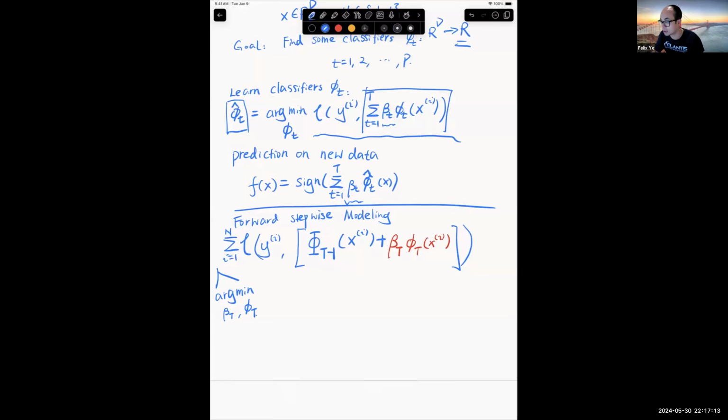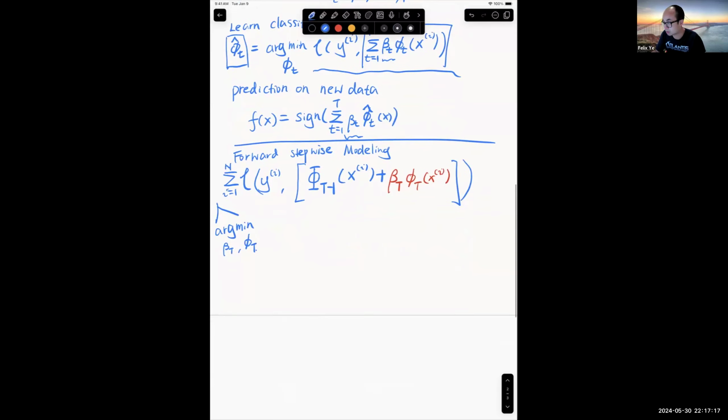So this is basically the optimization problem that we want to solve. And once we can solve for our optimal beta t hat and phi t hat, then my next learner, phi t, instead of phi t-1, will be phi t-1 plus beta t hat and phi t hat.